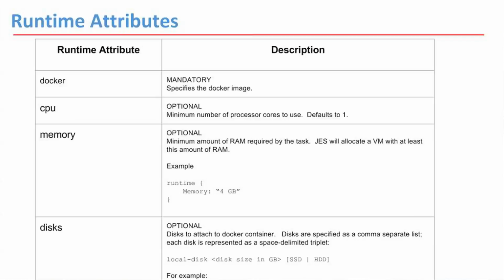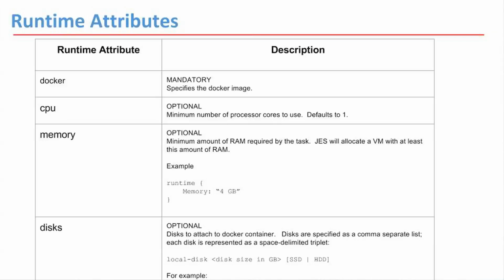For memory, you can specify the minimum amount of RAM required by the task, and Jez will allocate a VM with at least that amount. I'm not sure what the default number is. Alex, is the default value for RAM 10 gig or no? Oh, it's 2 gig, I think.